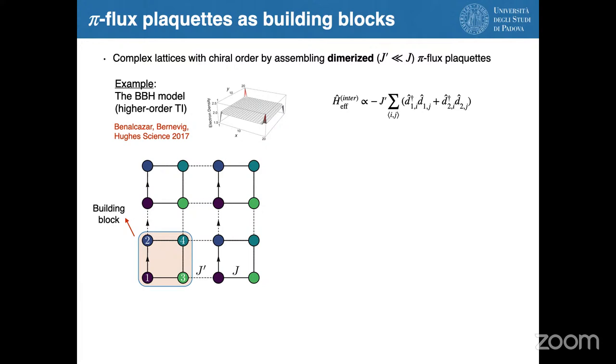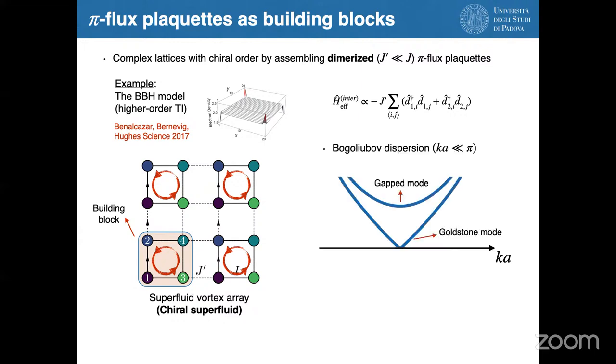But we're not interested in the edge physics or in the topology for now, but instead in how to use this geometry to do orbital physics. And of course, what we discover is that since each plaquette can accommodate a vortex, what we obtain in the superfluid phase is a chiral superfluid. There is an array of vortices distributed coherently along the entire 2D lattice.